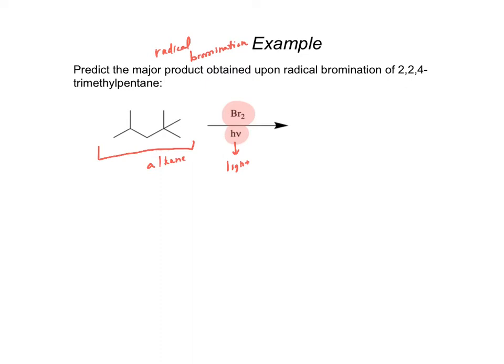Okay, so the question is, what is going to be our product, right? So, major product obtained following radical bromination. The question is going to be answered by asking what type of alkyl halides we could produce, right? So, for example, if I took off a hydrogen from this guy, right? Actually, let me go back.